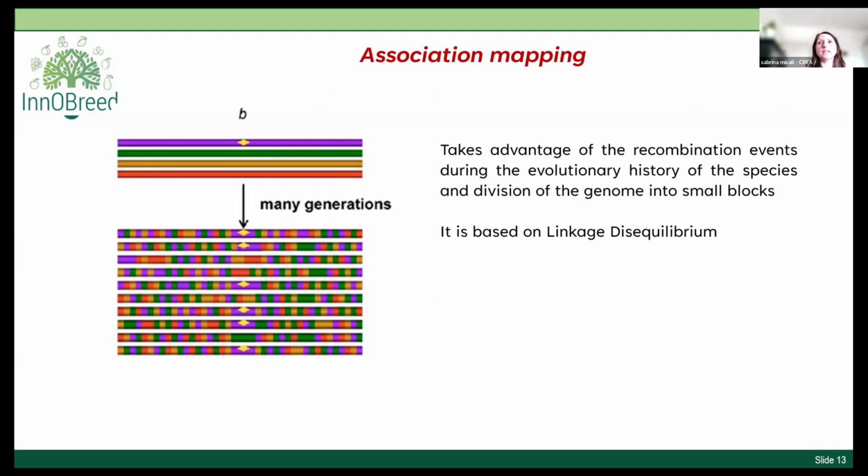Association mapping takes advantage of the recombination events during the evolutionary history of a species, so that you see that after many generations, many cycles of meiosis, initial genomes are shuffled and divided into blocks, so that a gene of interest co-segregates with a block of the starting genome.